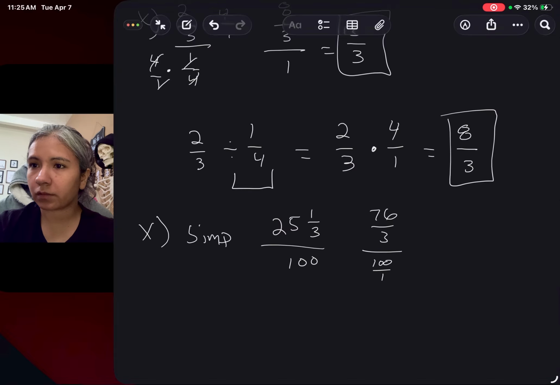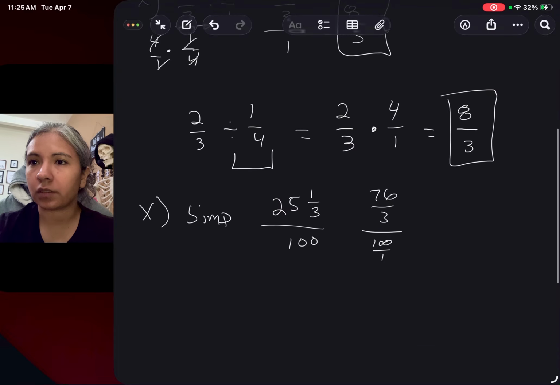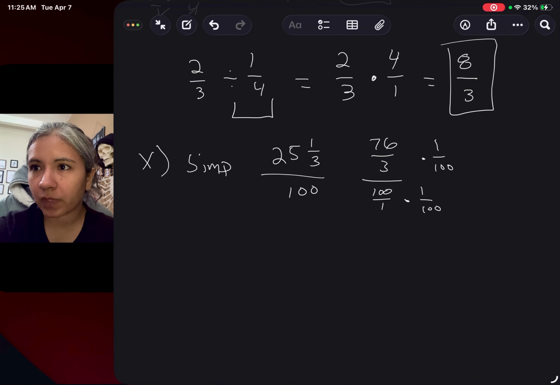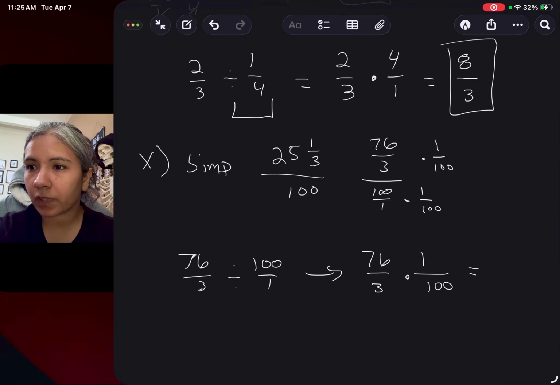Right? So you can still do this 2 ways. Let's multiply the top and bottom by the reciprocal, or change our division, 76/3 divided by 100/1.